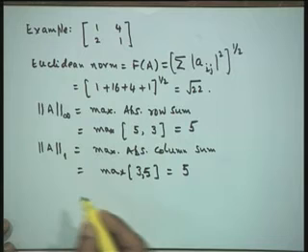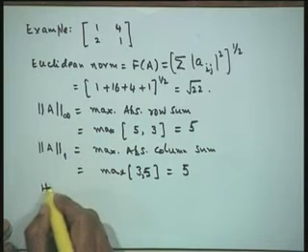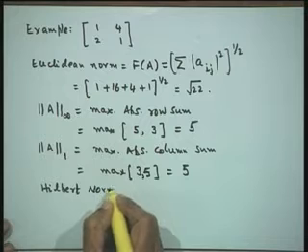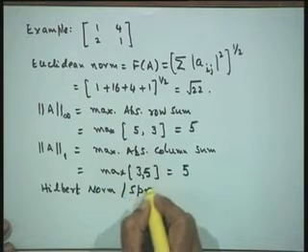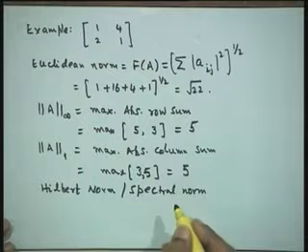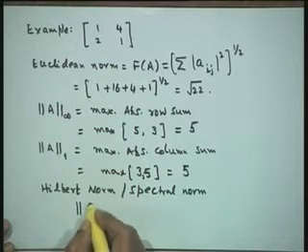Then the last definition that we have given is the Hilbert norm, or we have also called this the spectral norm. Now, let us write down the definition of this.